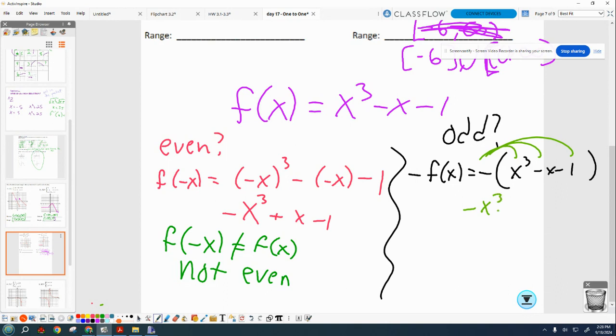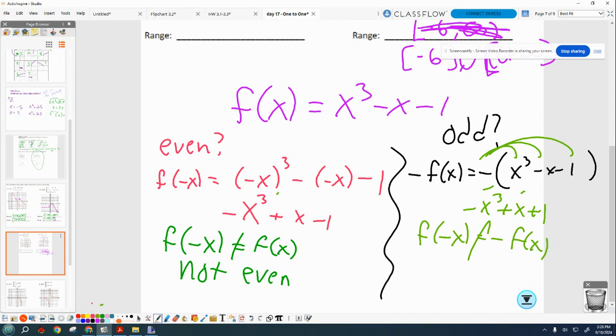Negative x cubed plus x plus 1. The test to see if it's odd, does f of negative x equal negative f of x? All right, so let's look. Negative x cubed, that worked. But positive x, that worked. And then negative 1, positive 1, not equal. You needed to show that.